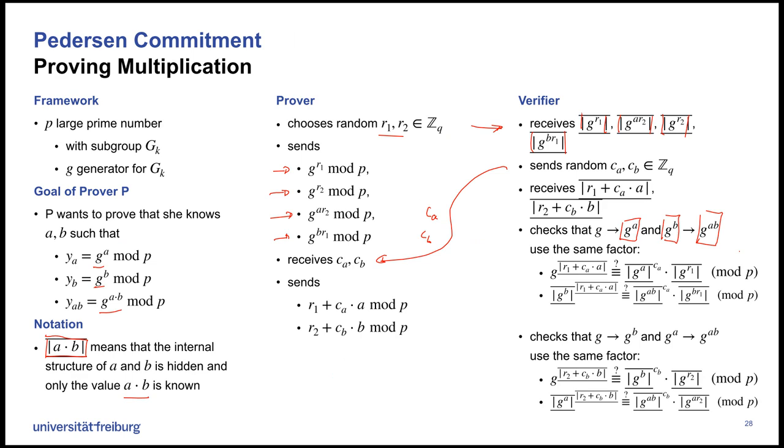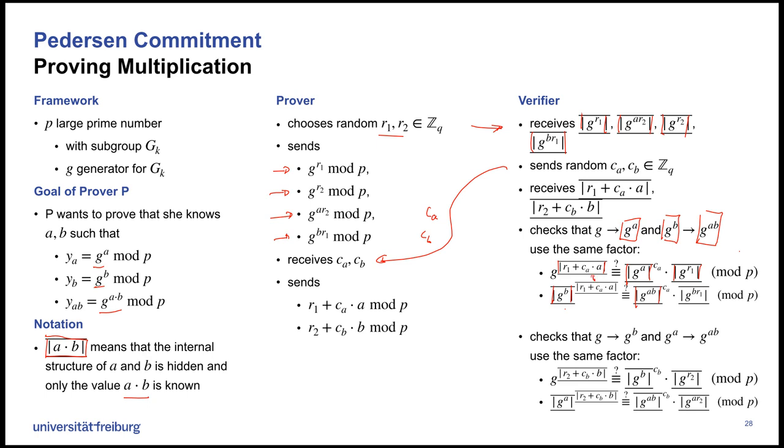So here you can see that this is the commitment at the beginning, G to the R1. So this is G to the A, which will be challenged by this challenge A. And then this is the thing that I've constructed in order to fulfill the challenge. Okay. Now we do the same thing with G to the B. We don't know whether it's G to the B at all, but we know that from G to the B to G to the AB, they have the same factor A, because here it's the same exponent.